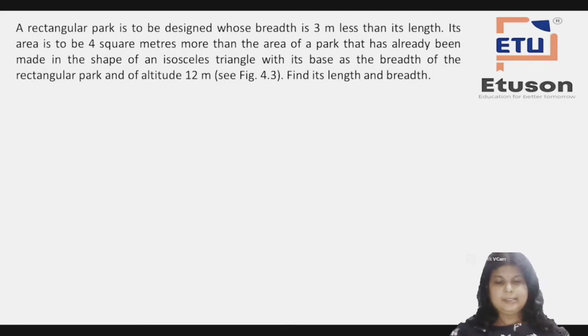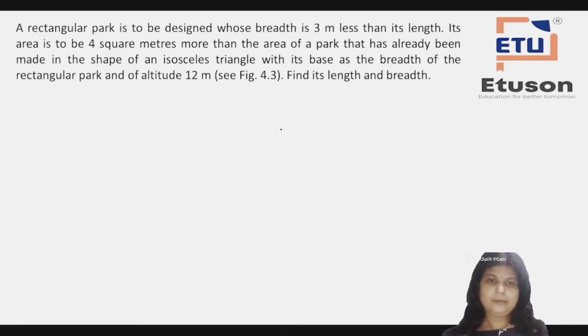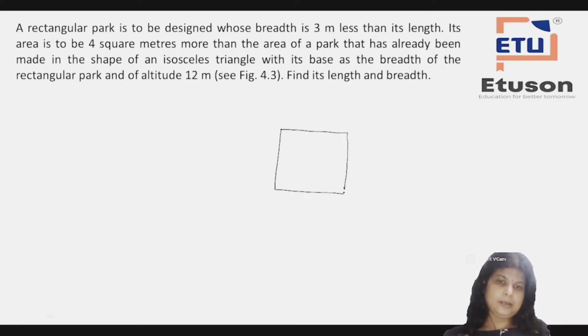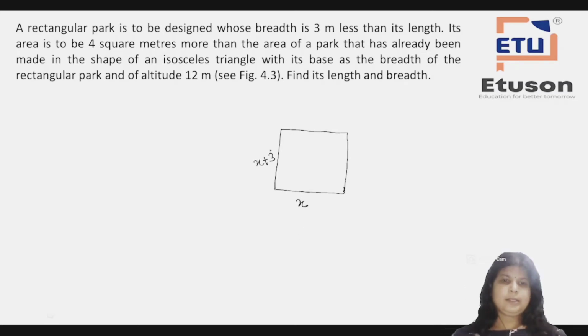Find its length and breadth. So let us draw the diagram first. You have one rectangular park. The breadth is 3 meters less than the length. So suppose the length is x plus 3, and this becomes your x as breadth.